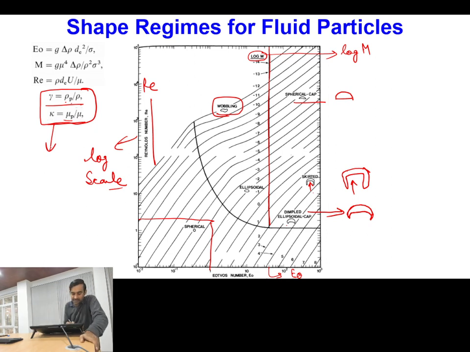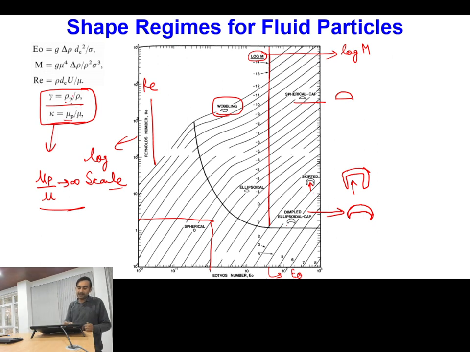By extreme value I mean, if I say that mu p by mu is infinite, what is the meaning? If your particle is a solid, then you will say mu p by mu is infinite. So this curve is not applicable for that situation.